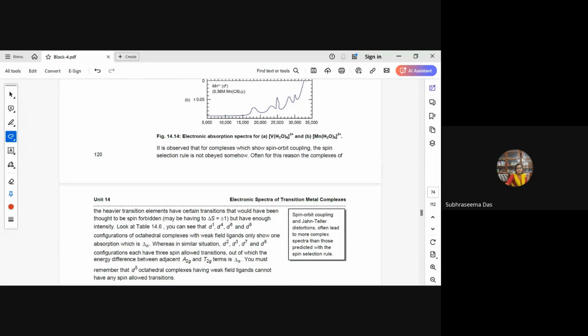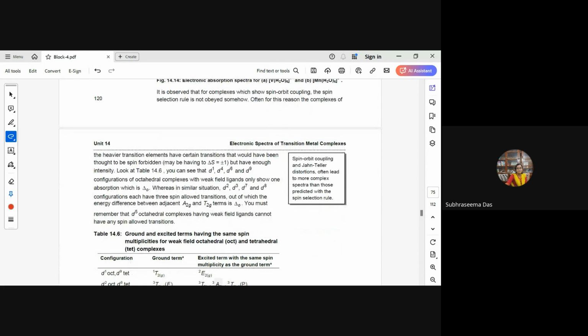Now it has also been observed that for complexes which show spin orbit coupling, the spin selection rule is not strictly followed. This is one of the reasons that complexes of the heavier transition metals have certain transitions that do not follow the spin forbidden rule.